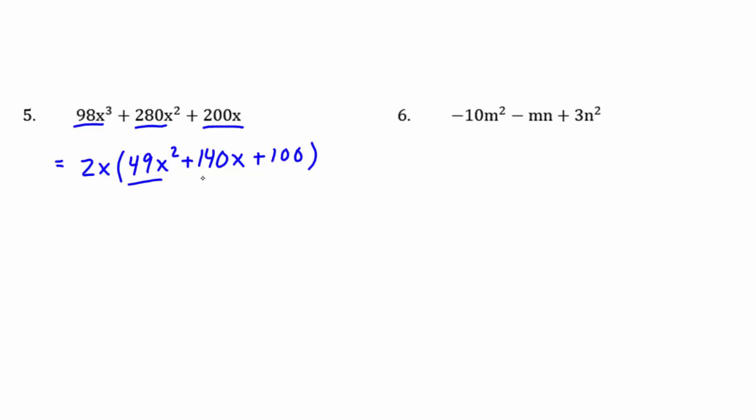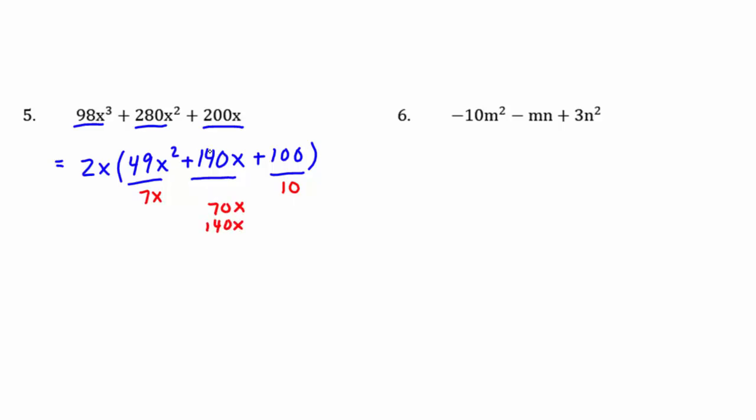Now, let's see, can I factor this trinomial any further? Let me try one thing. Remember the perfect square trinomial? The square root of 49 is 7, so we have 7x here. And the square root of 100 is 10. 10 times 7 is 70, doing it in my head. It's 70x, but when you double it, that's 140x.